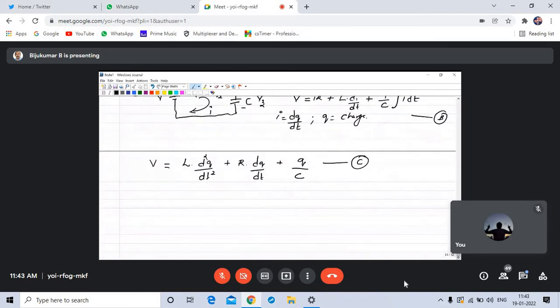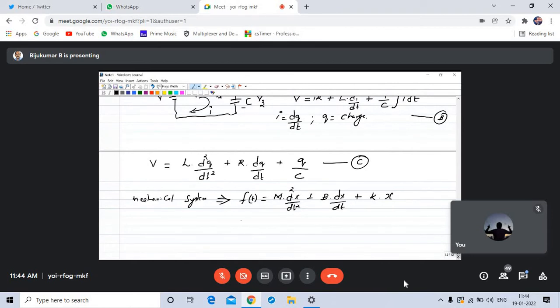So I will write once again. It will be better. So for a translational mechanical system, the given equation is f of t is equal to mass into d square x by dt square plus b into dx by dt plus k into x, right?